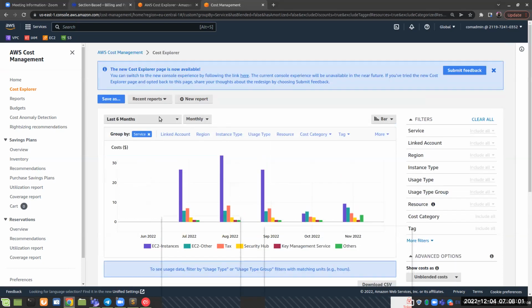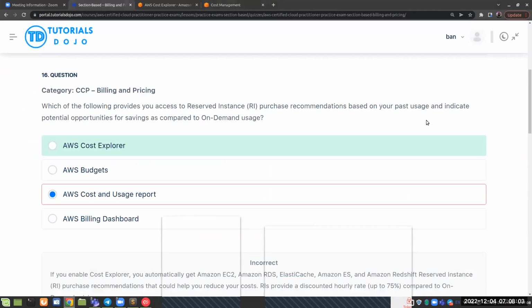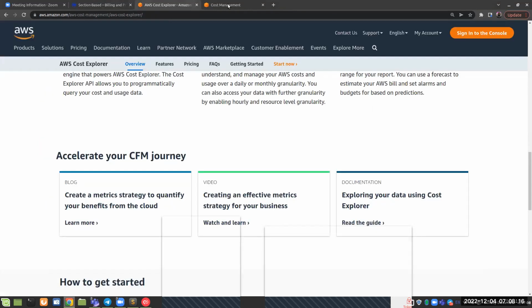So it gives you the opportunity to see, based on your past usage, potential opportunities for savings as compared to on-demand usage. If you use those filters, you can figure out what you want to do.